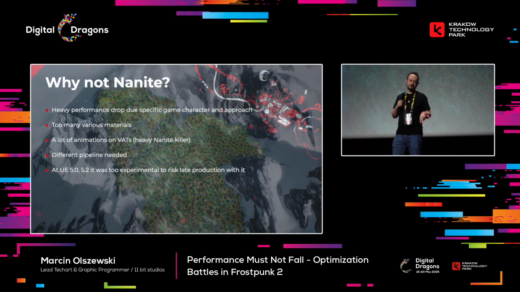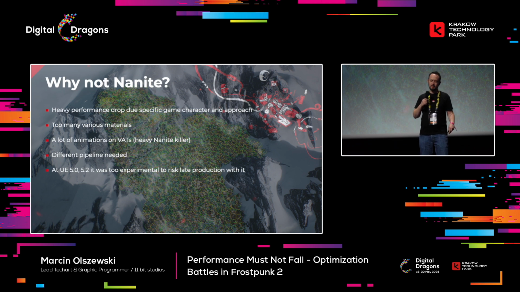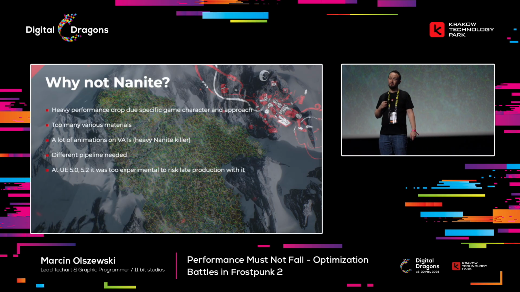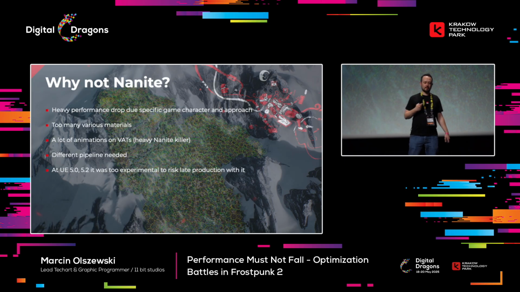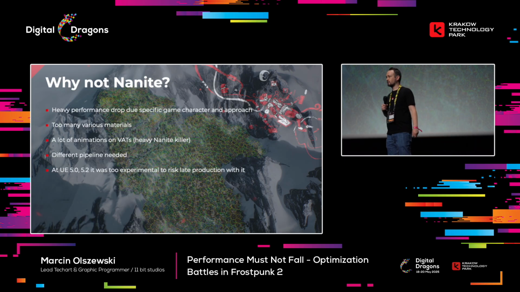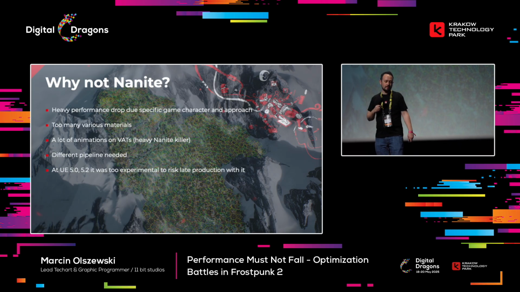And we tested Nanite when it was 5.0 or 5.2, I don't really remember, sorry. But when we enabled it and configured it properly, performance was dropping a lot. We could even lose 15 FPS on a 4060 RTX, for example. So it's a lot.